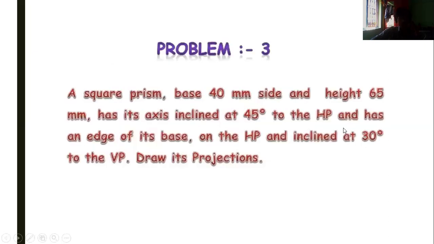So let us take a problem and try to solve it. In this problem, they have asked: a square prism, base 40 side and height 65, has its axis inclined at 45 degree to HP and has an edge of its base on the HP.